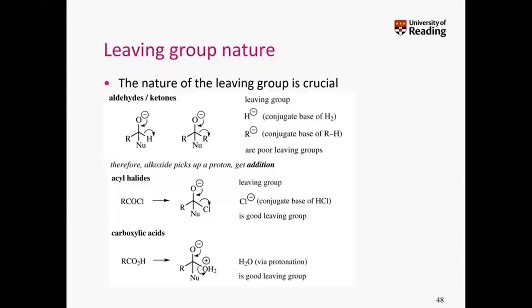And when we look at the carboxylic acids, and we've kind of done this when we were doing the acetal formation and the imine work, H2O, especially if we've protonated it within our reaction mixture, is a really good leaving group. So the nature of the leaving group is what will determine whether it follows this addition followed by an elimination. Okay, so that's the most important thing.